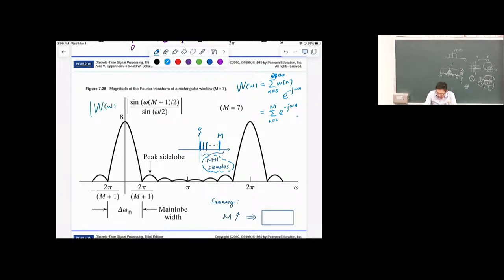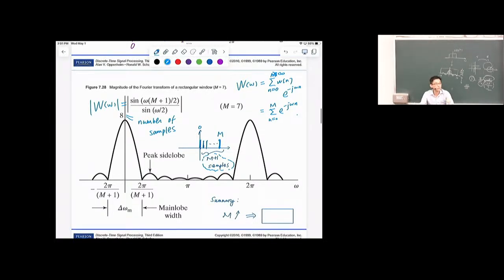When we just take the absolute value, the window has the magnitude spectrum that is going to look this way. You know that this expression just peaks in the middle, and 8 is simply equal to the number of samples, the DC component of the Fourier transform of our window.